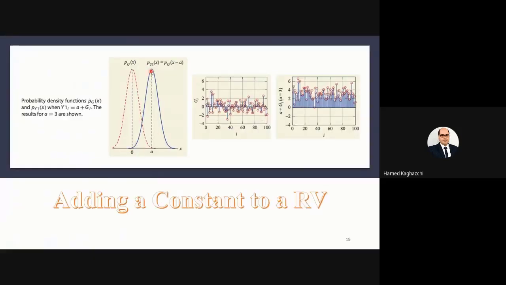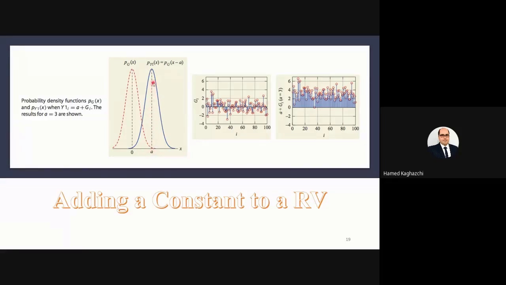As you see here, this is PG with the mean value of 0. If I add an A value, for example, I suppose that A is equal to 3, what happened? My bell-shaped curve, my Gaussian function, will shift to the right by the A value.